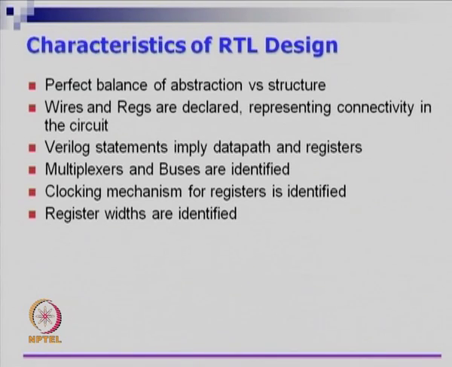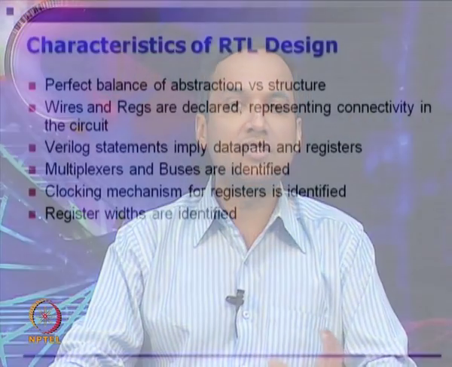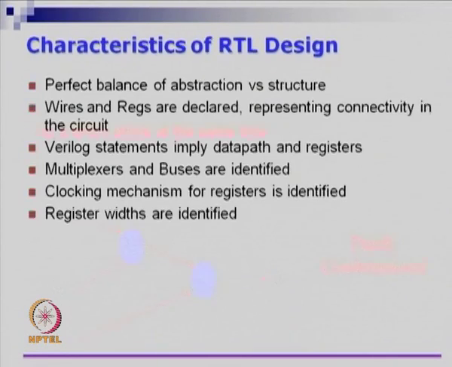In the GCD problem we said we will look at GCD of 8-bit numbers. The implication of that is the multiplexer, the subtractor, the comparator, all of them were supposed to be 8 bits. So, once you identify the structure, we need to put those parameters in and take it all the way down. These are the chief characteristics of what is called RTL design.